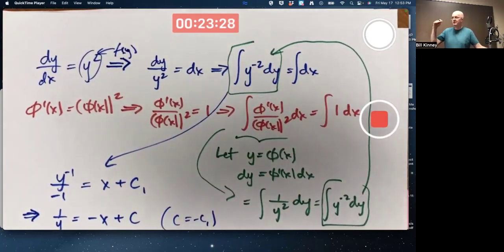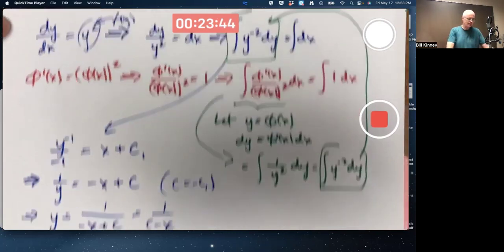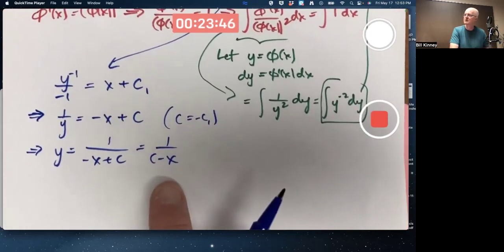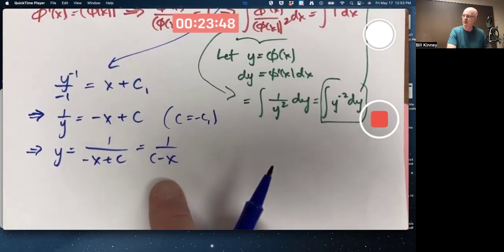So the slope field would have 0 slopes where y is 0 along the x-axis. And the x-axis itself, y equals 0, would be an equilibrium solution. And I will draw it here in a minute. So this one misses that solution. There's no choice of c that will make this function always 0.